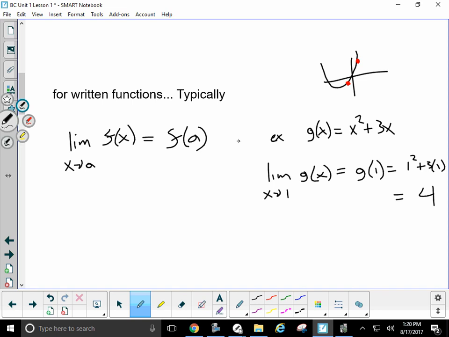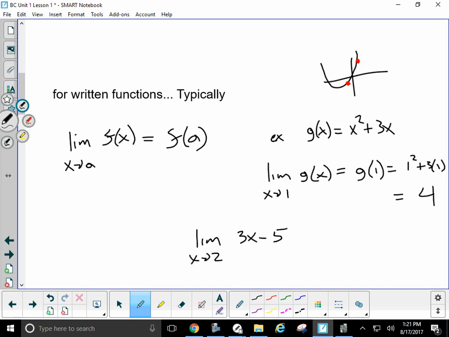Now, I can skip this whole step of defining g of x and just ask, what is the limit as x approaches 2 of 3x minus 5? I just said, that's my function, and plugged it into the limit.